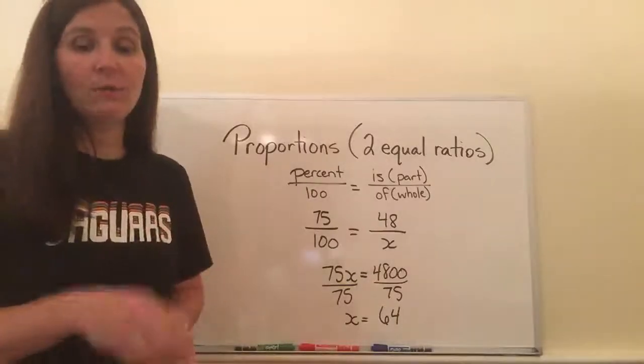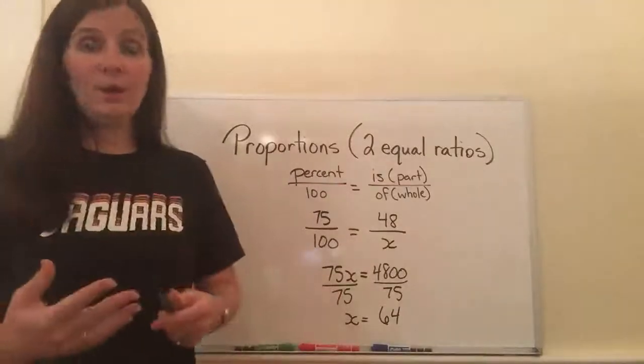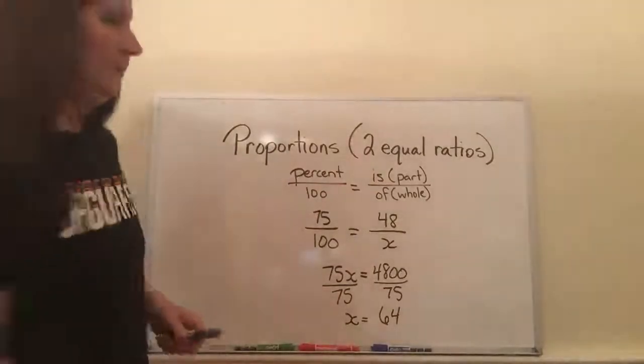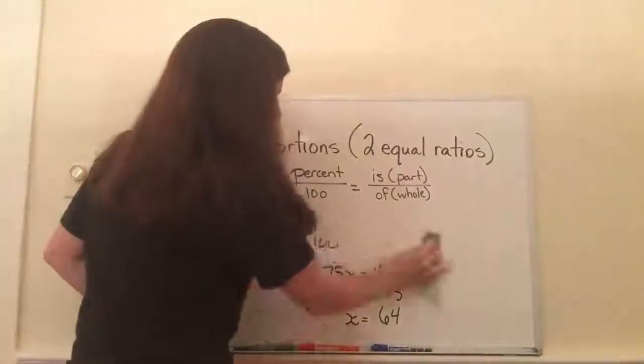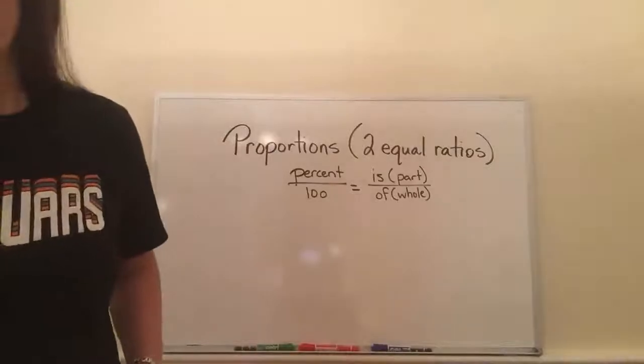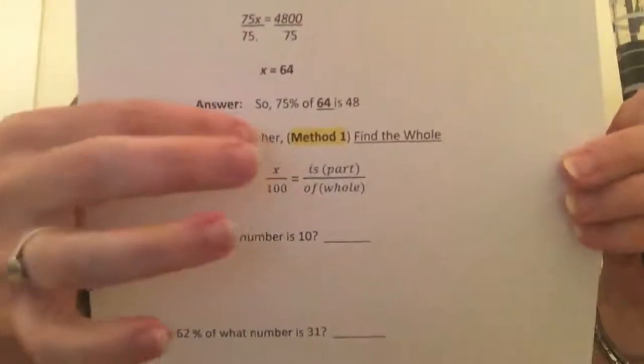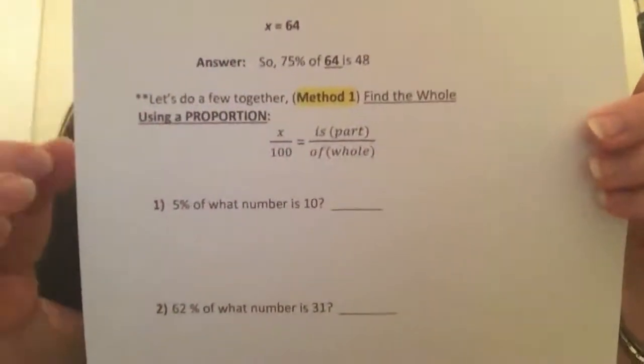All right, so we're going to do a few problems using this method. Then we're going to go to our other method. So we're going to use proportion in this one. So for this one, we're going to use this method using the proportion to find the whole.